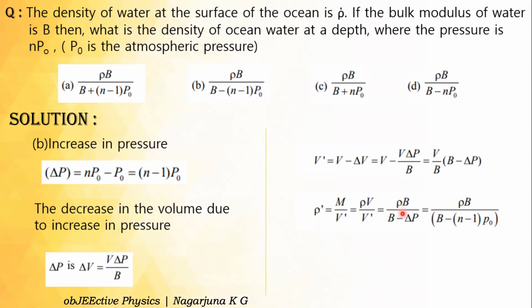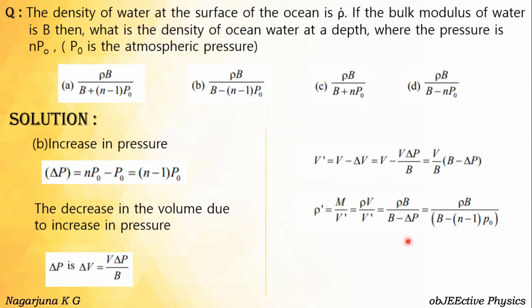By substituting V dash value in this formula, we will get rho B by B minus delta P, that is equal to rho B by B minus n minus 1 into P naught, because here delta P value is n minus 1 into P naught. So B option is the right option. Option B is the right option.